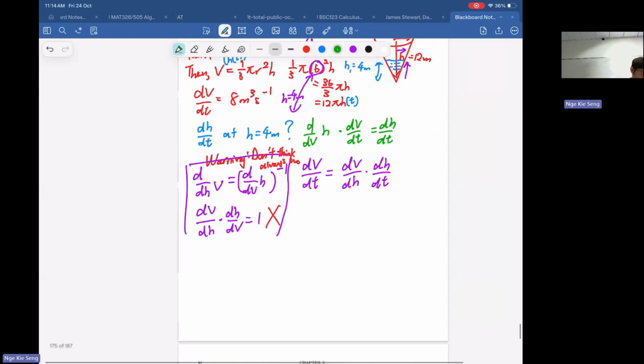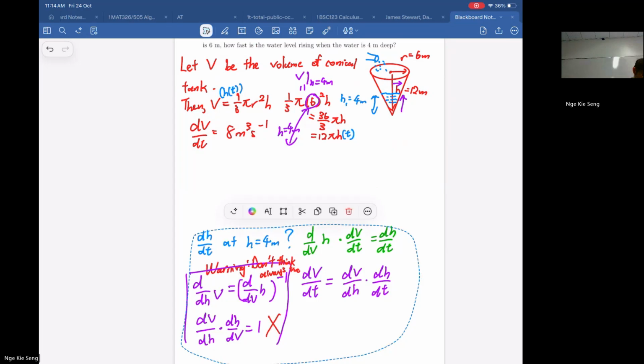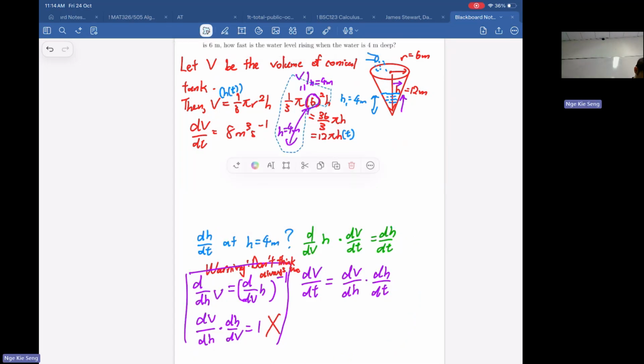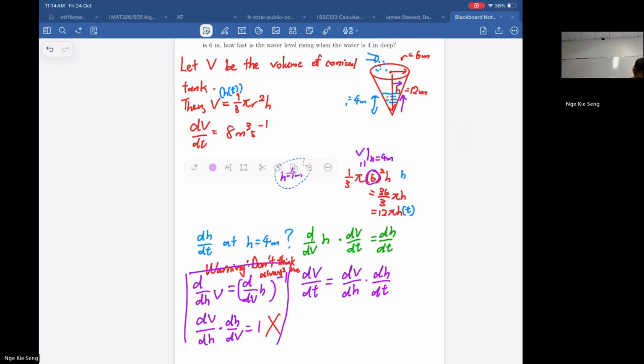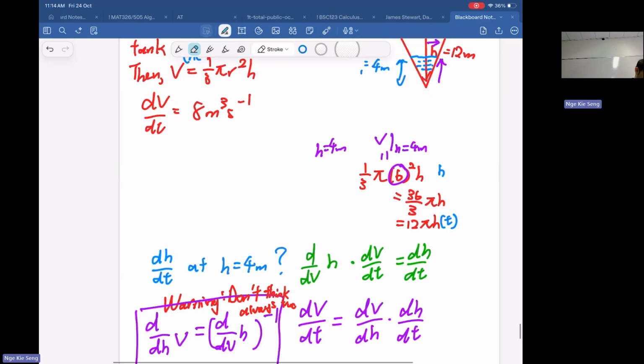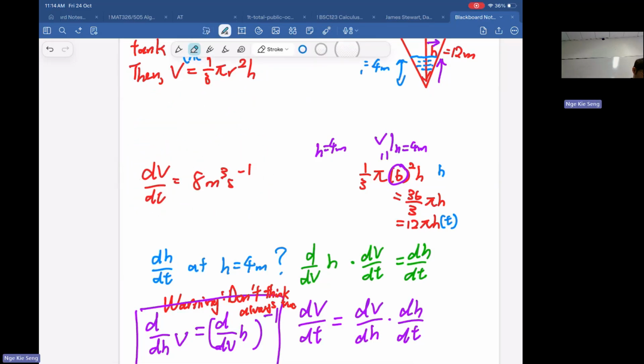Let me move everything else down. So let's move this h part down. This is everything about this, right? So there's actually another secret relation about v and h. So what's that secret relation here?